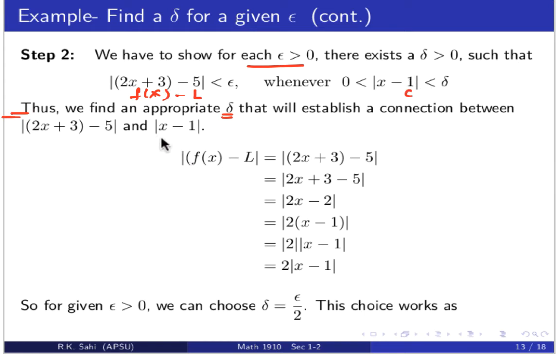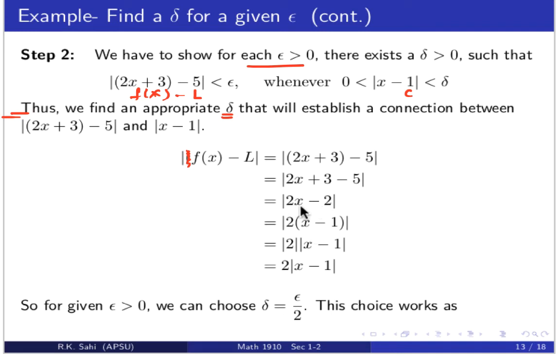So we write down f(x) − L, we start with the difference between f(x) and L, and continue until we see x − 1. So f(x) − L is |2x + 3 − 5|. Just remove this, it's a typo. Solving this, 2x + 3 − 5 is 2x − 2; take the 2 common out.